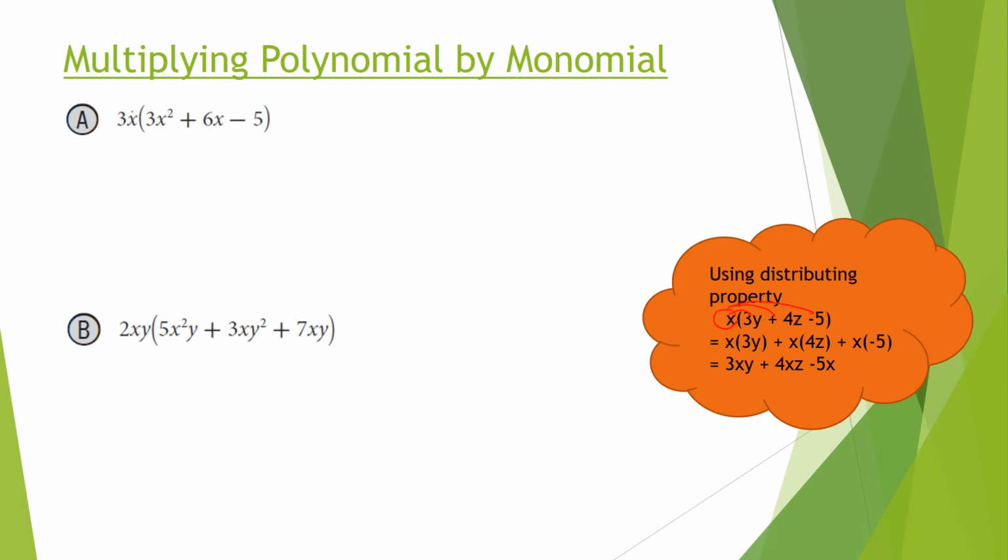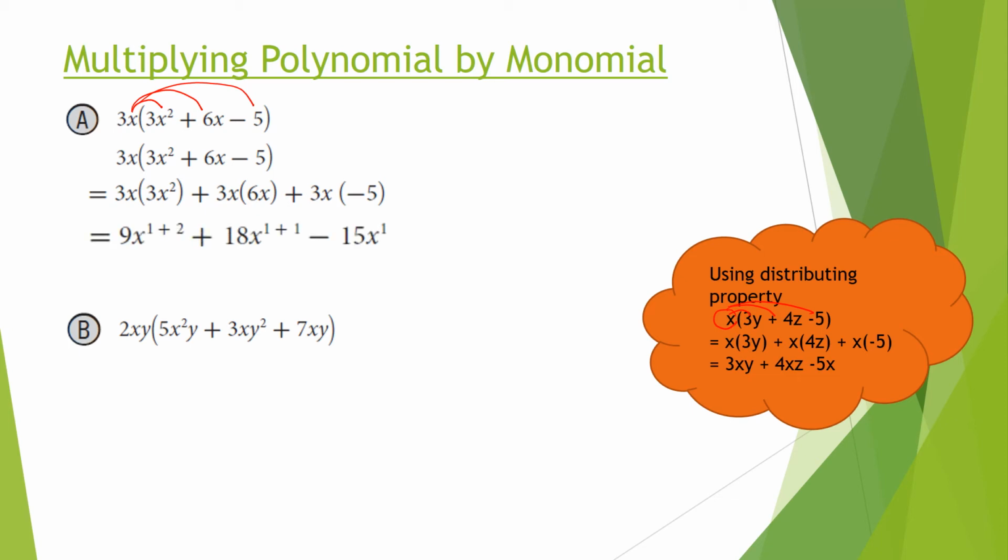So let's try here. I'm going to distribute the 3x to each term inside the bracket. So 3x times 3x squared, 3 times 3 will be 9x, and add the powers, x, 1 plus 1 plus 2, and 3x times 6x, 3 times 6 will be 18, and x, 1 plus 1, and 3x times negative 5, so negative 5 times 3, negative 15, x power 1.